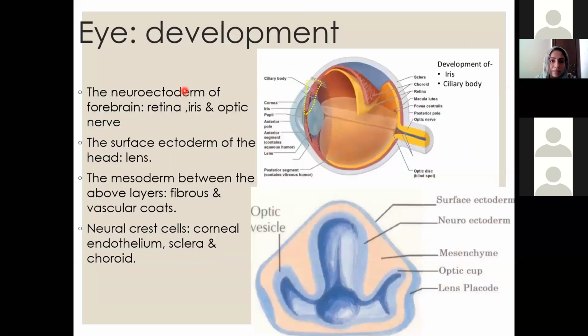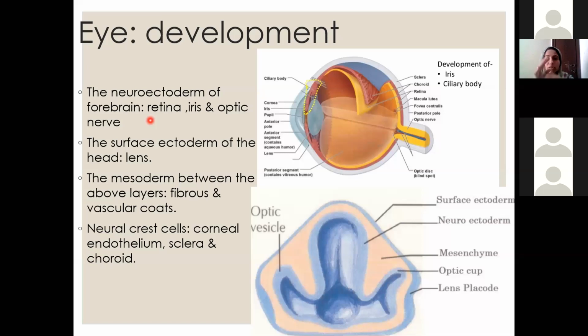So coming back to the development of the eye, the neuroectoderm of the forebrain. Now from which part actually this eye is developing? Everyone knows that the nervous system is developing from the neural tube. Okay, when neural tube is about to close, means it's yet not closed, it starts dividing.